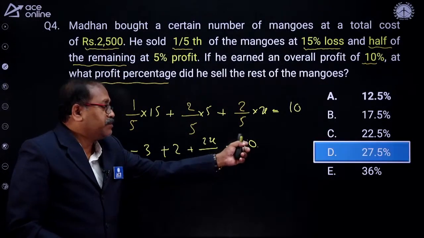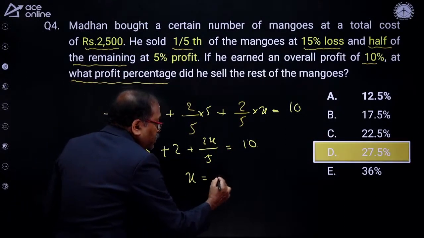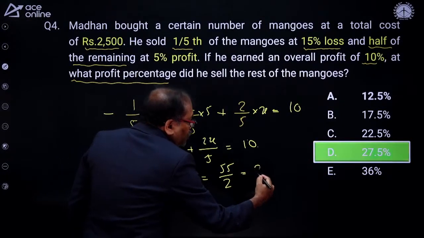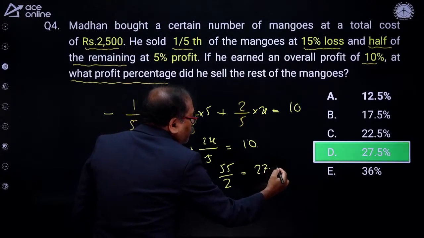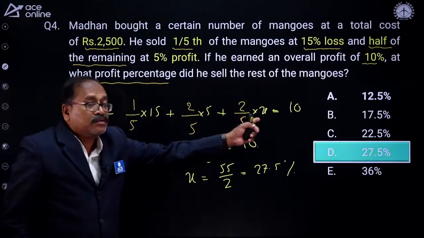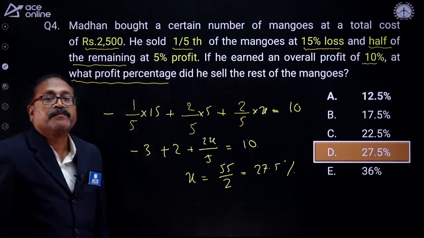And 11 into 5 is 55, and 55 by 2. So rightly said, x is equal to 55 by 2, which is nothing but 27.5%, the one that represents x. Well done, sir. Well done.